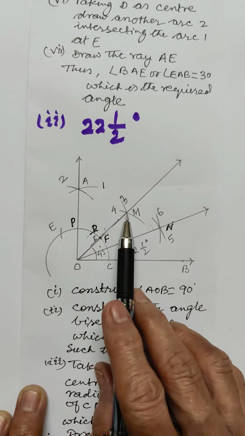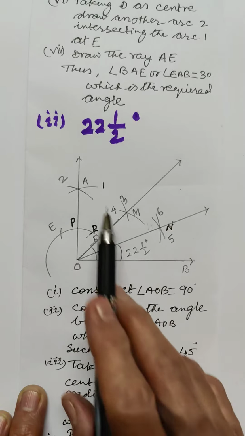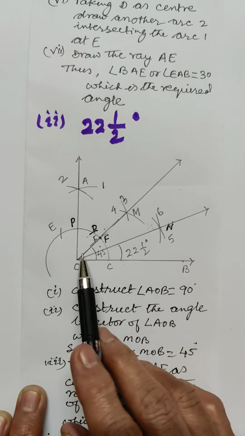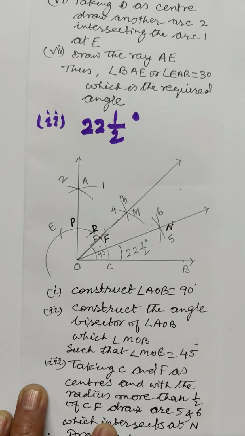This ray is the bisector of angle AOB which is 90 degrees, so this ray is of 45 degree and this ray is of 22.5 degree.